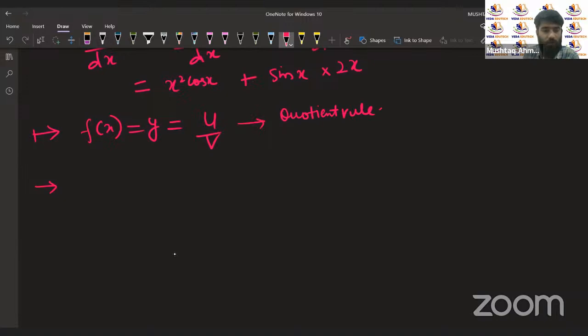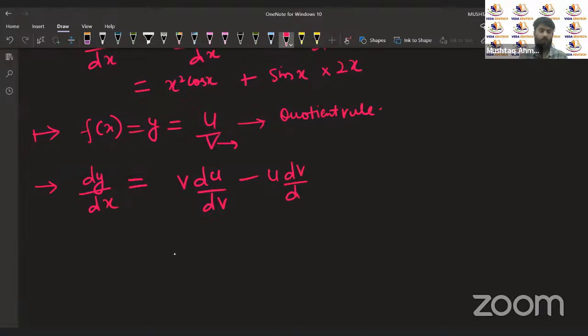We'll take v outside, take the derivative of u with respect to x, minus u outside the differentiation, and take the derivative of v with respect to x, upon v square.